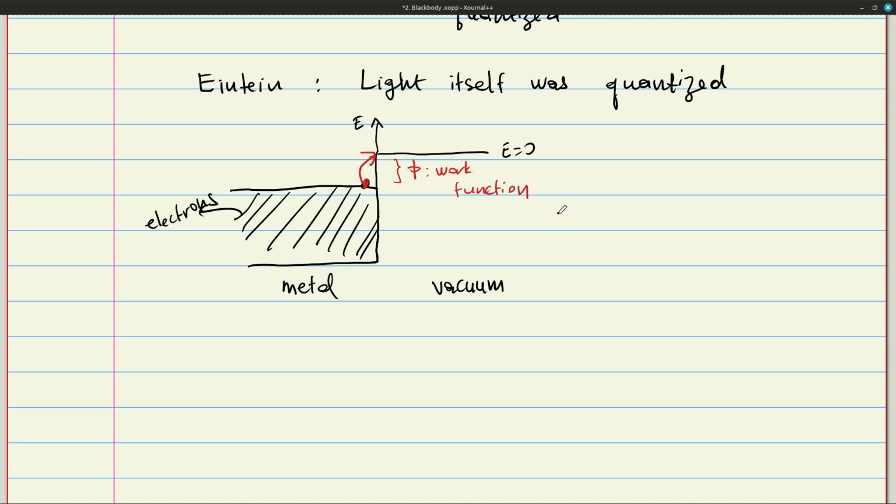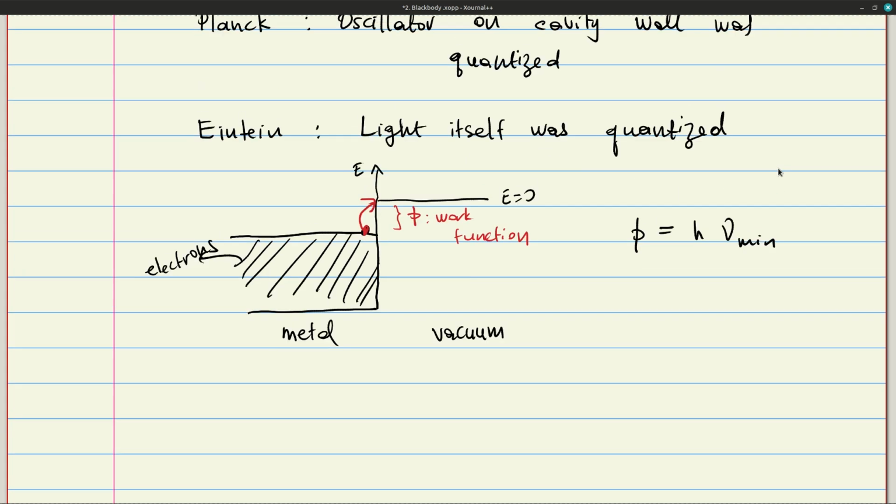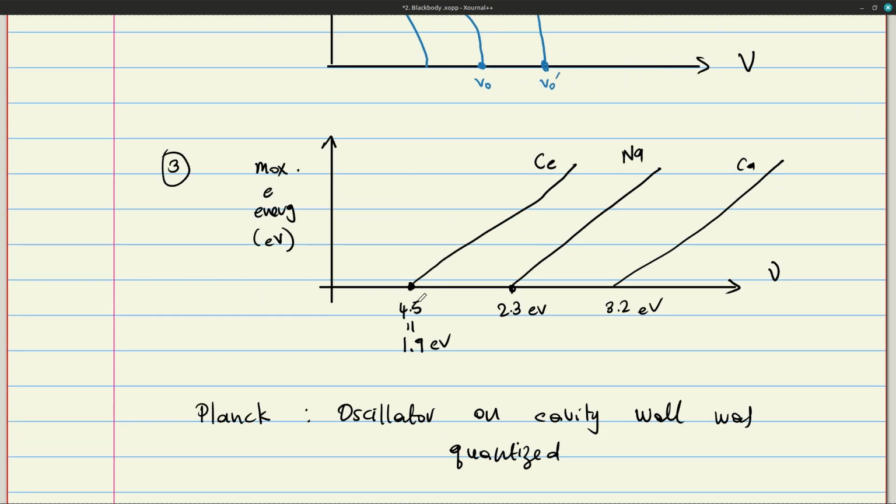Okay. And he said this work function, the minimum amount of energy you need to pay to break up an electron, is proportional to h times nu minimum, which is what you have here. Right, this is nu minimum. And different metals have different nu minimums. Okay.